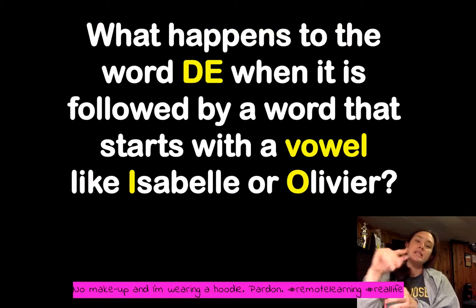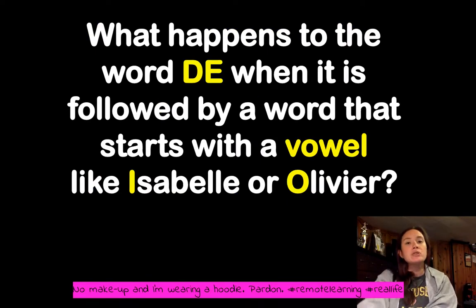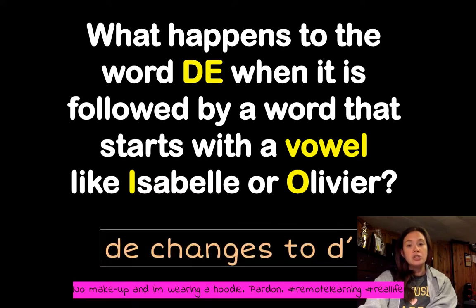Did you notice in the previous examples, what happens to the word de when it is followed by a word that starts with a vowel like Isabelle or Olivier? De changes to d apostrophe, because with French pronunciation, they don't like two vowels backed up against each other. They don't think it sounds good.